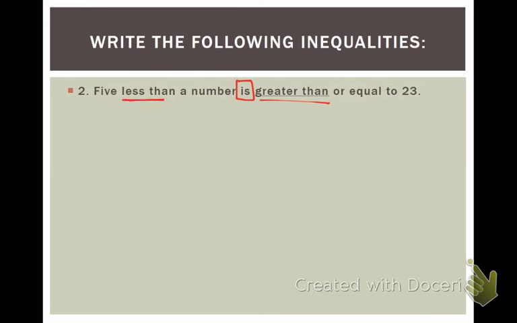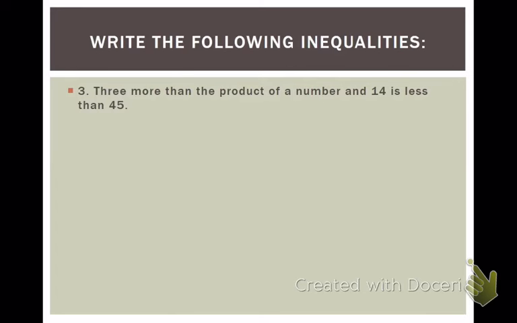We've talked about this. Less than is a phrase that makes you flip-flop the order. So we got to go x minus 5 is greater than or equal to. So we need the greater than or equal to symbol. 23. So there's your inequality. Okay? Try this one. Try to write this one out.